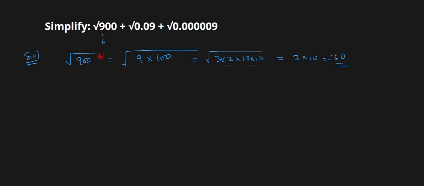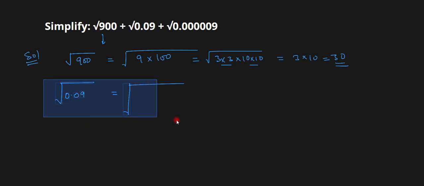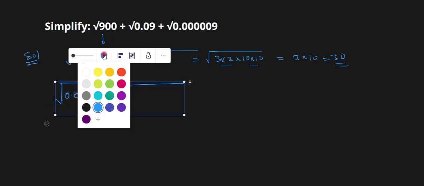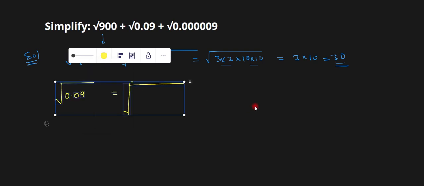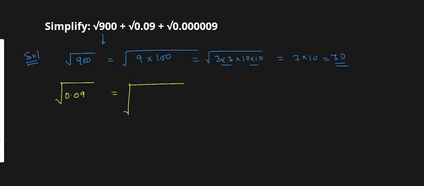Now next is solve square root of 0.09. So square root of 0.09 can be written as like this. Okay, I'll use some different color for the same so that it will be very visible for you to understand. Let's say I have just chosen yellow color. So 0.09. Okay, so when you remove this decimal, what you'll have? 100 in the denominator.